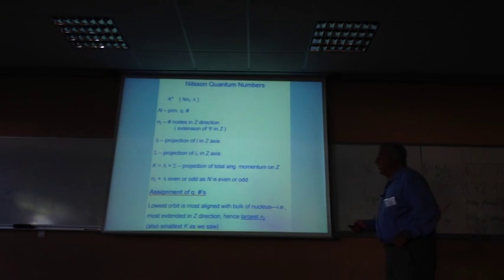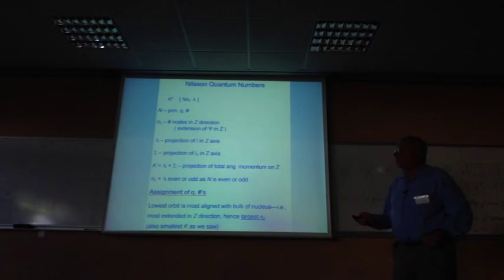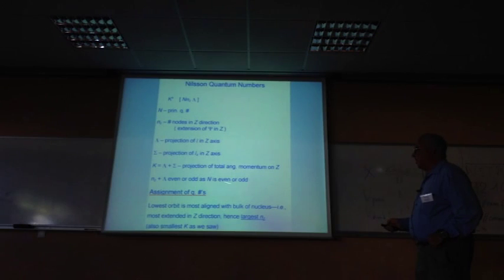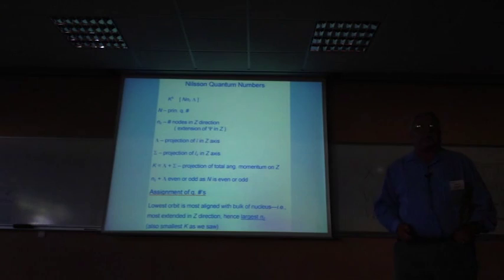And K is the sum of the projection of the orbital angular momentum and the spin angular momentum on the z-axis, so K is always lambda plus or minus a half. If you specify lambda and K, it's redundant to specify sigma, so usually it's not said. One other thing: n_z plus lambda has to be even or odd according as n is even or odd.